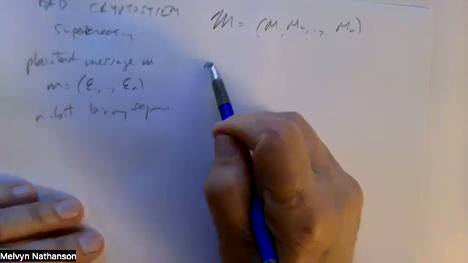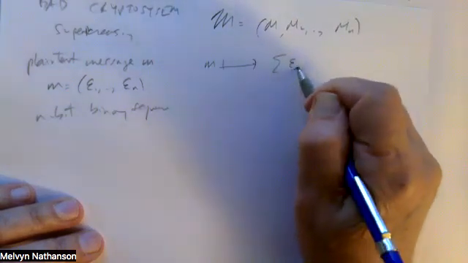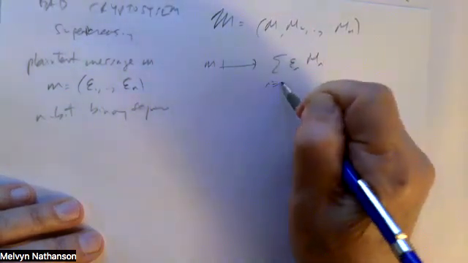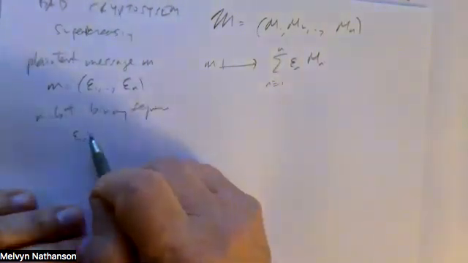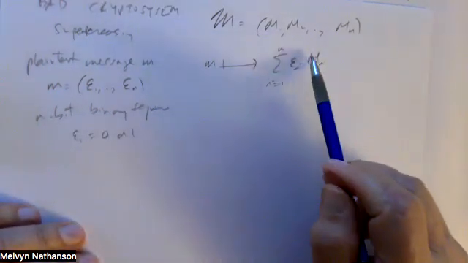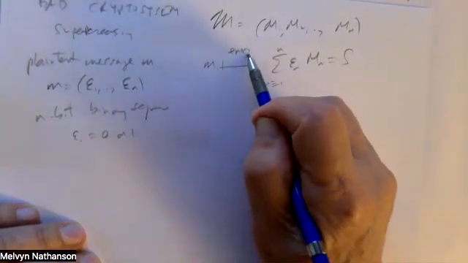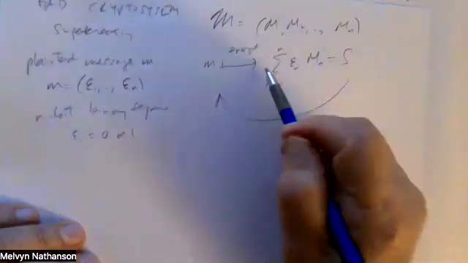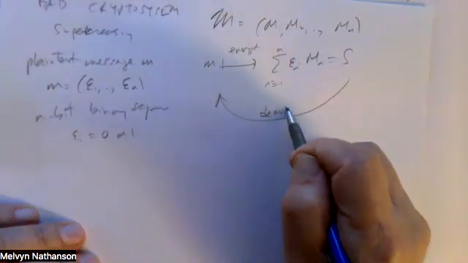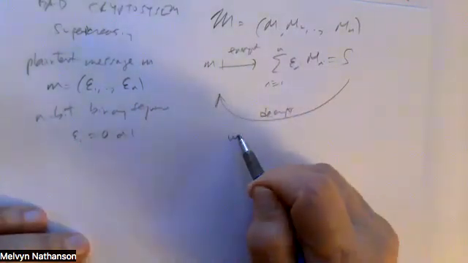This is an n-bit binary sequence. And from M, we compute the subset sum, summation epsilon I m sub I, I goes from 1 up to n. Epsilon I is 0 or 1, because this is a binary sequence. So whenever it's 0, you get 0. Whenever it's 1, you're picking out one of these numbers and adding it. So you get this subset sum. So this is how you might say you encrypt. But then, to decrypt, we have an algorithm.